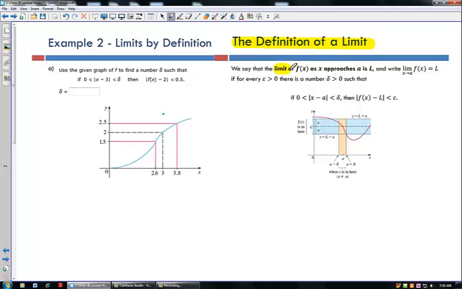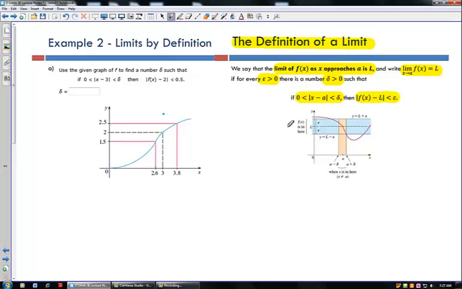We say that the limit of f of x as x approaches a is L if for any epsilon bigger than 0, we can find some number delta bigger than 0, such that if the distance from a is less than delta, then the distance of the function from L is less than epsilon.